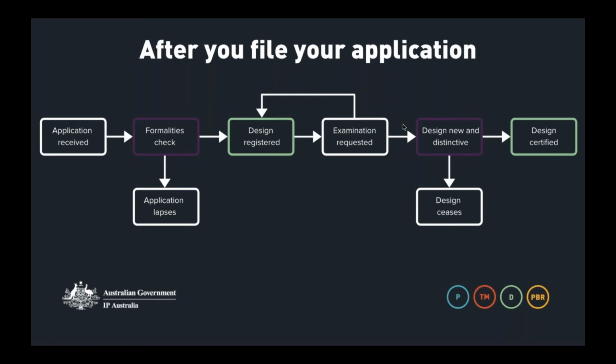Like I mentioned, registration doesn't give you the enforceable right, but we need to make sure at this stage that we've got enough information there that if you do decide to get it certified, we've got all the information to allow us to complete the examination and certify it.